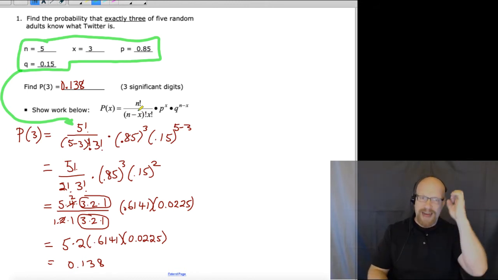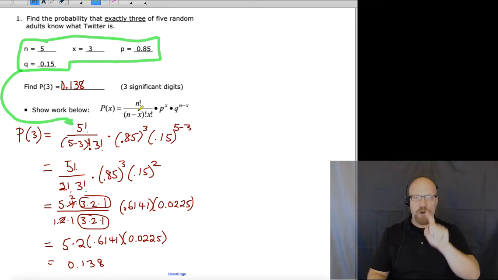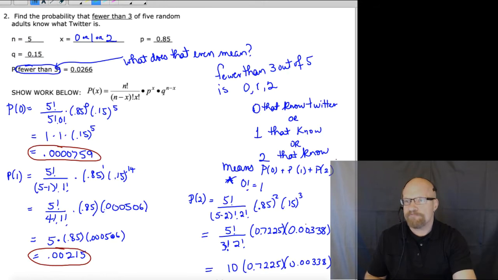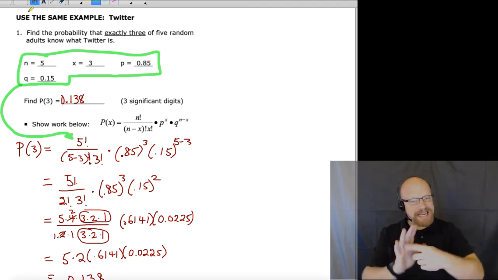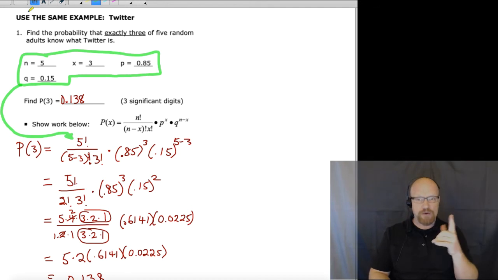Now, like I said before, let exponent work, fraction work. So I went through the answers: 0.138. So this means the chances I get 3 out of 5 who know what Twitter is is 0.138.